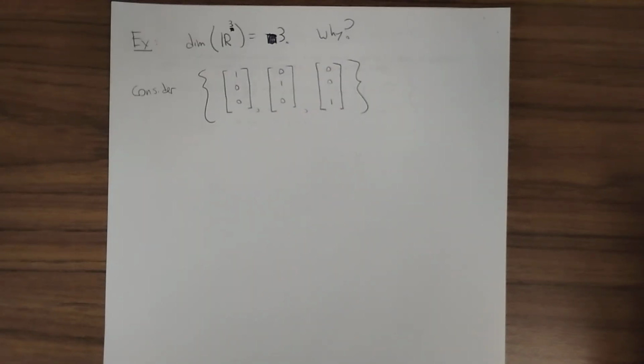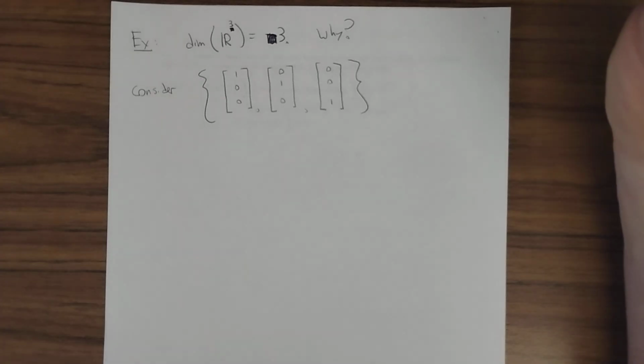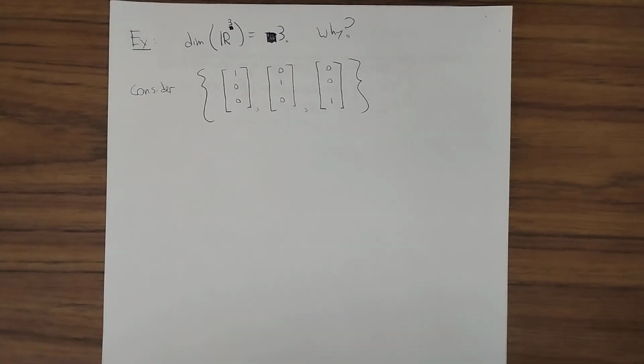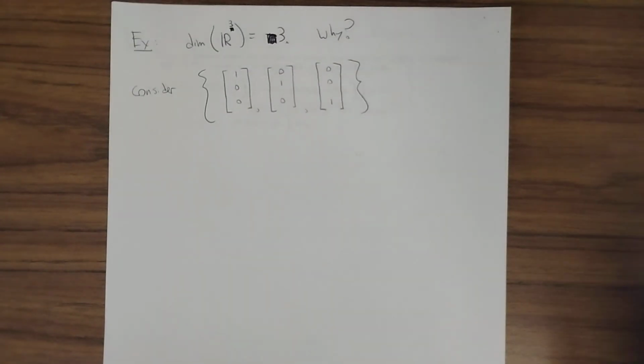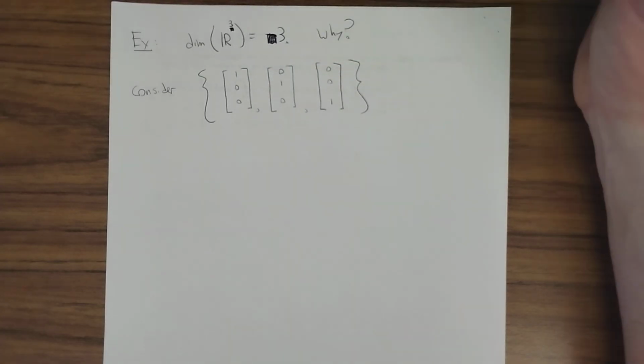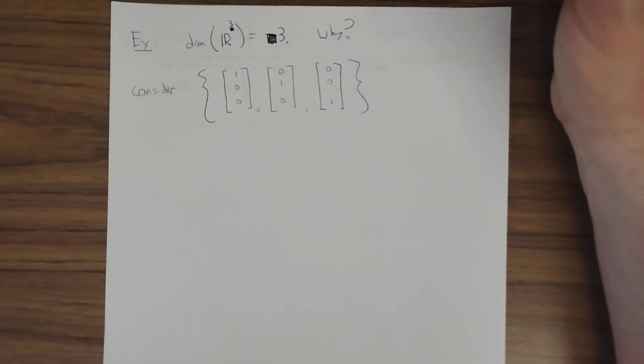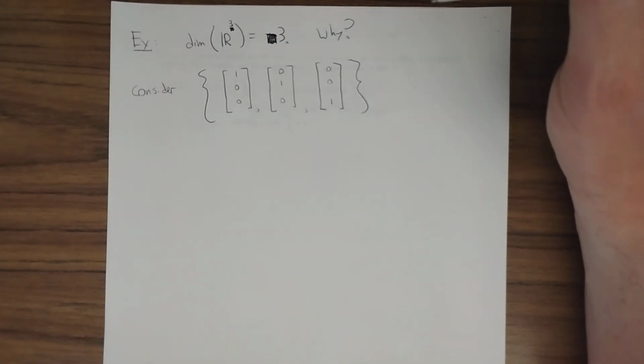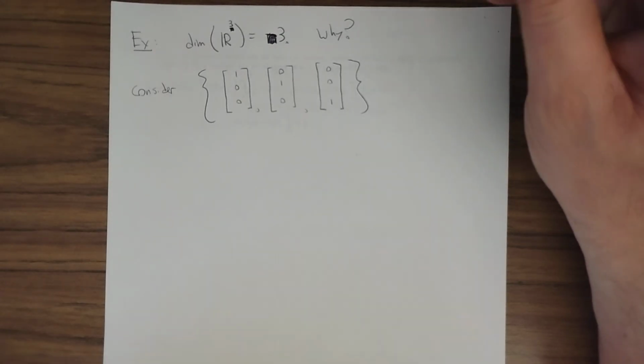It's basically just the columns of the identity matrix. Right, so it's just ones down the diagonal and zeros everywhere else. That's our basis. So why is this a basis?